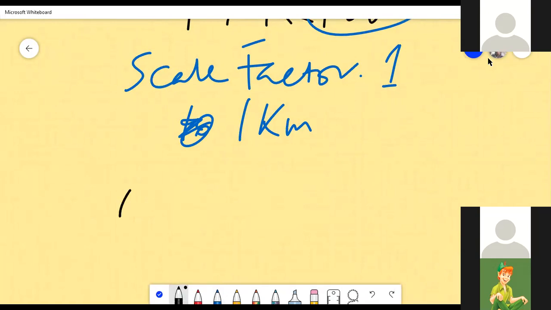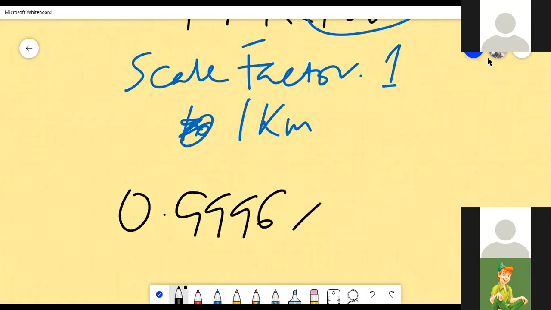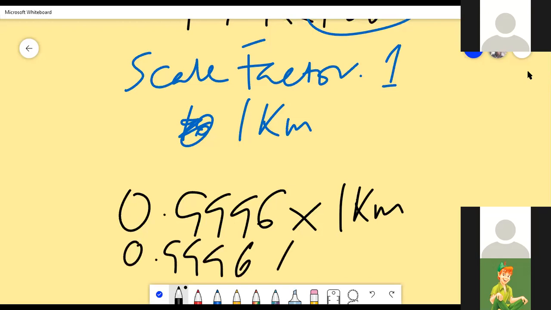At a scale factor of 0.9996, let's assume that the object is near the central meridian. You realize that we multiply 0.9996 by 1 kilometer to find out the enlargement or the reduction. So we now get 0.9996 times 1,000 meters.